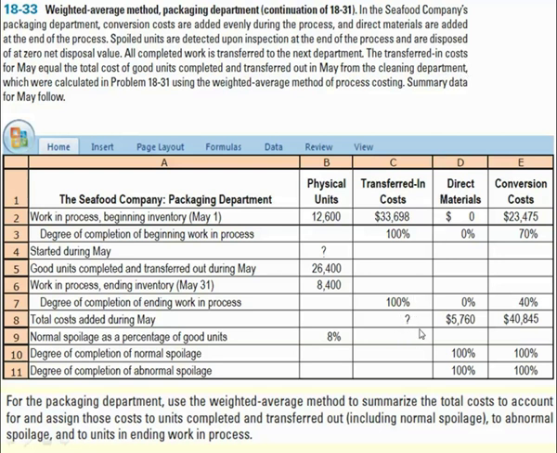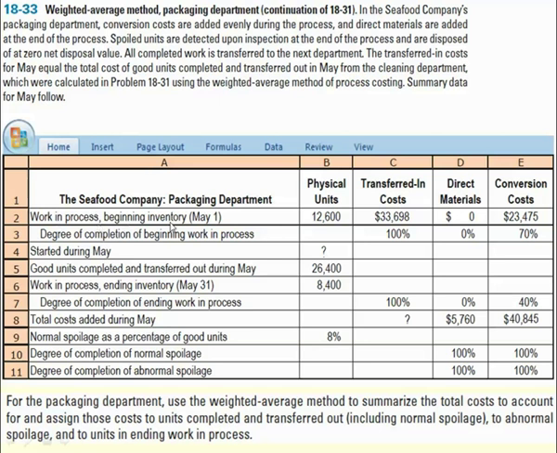So the transfer in costs for the packaging department is the transferred out costs from the cleaning department, and also units started during May in the packaging department must equal the finished goods or completed units transferred out from the cleaning department. Let's see how to solve this problem.